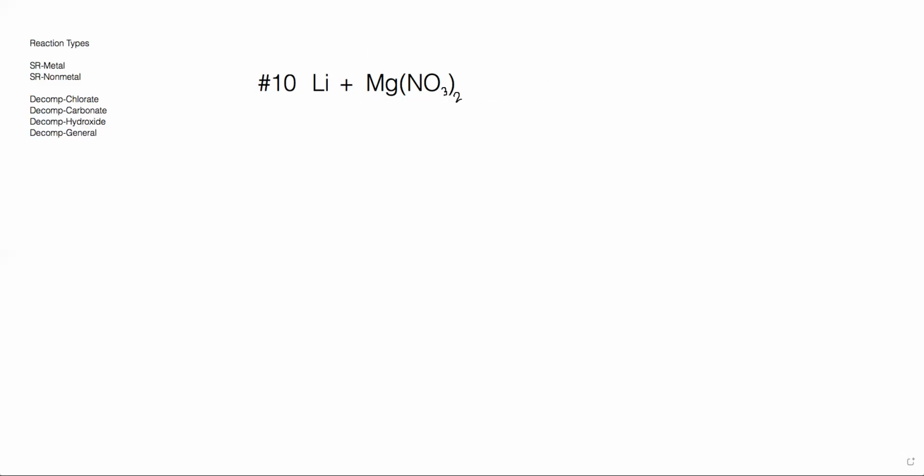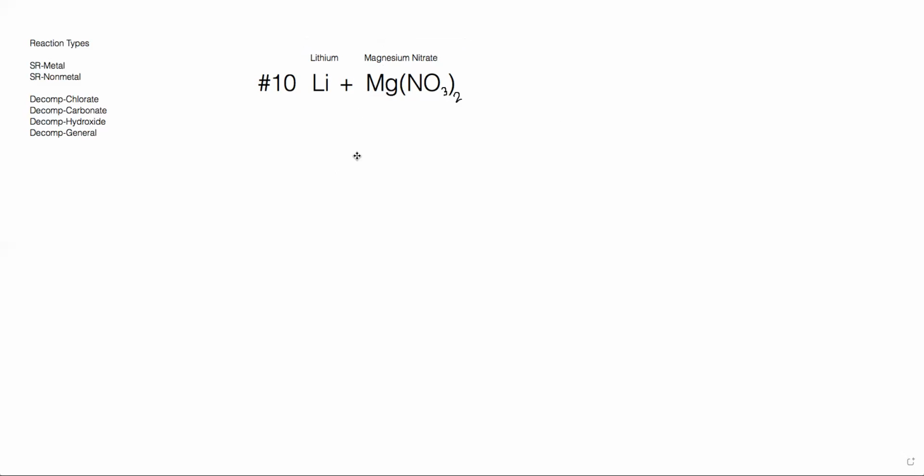What is Li in this reaction? Lithium. Perfect. And what about Mg? Magnesium. Excellent. Magnesium, and then in parentheses we have nitrate. So this is magnesium nitrate.